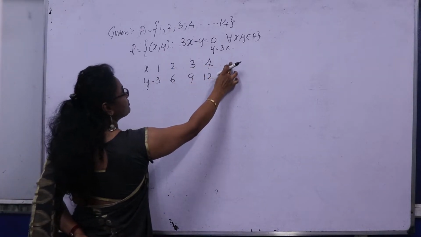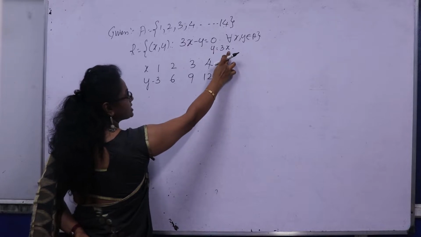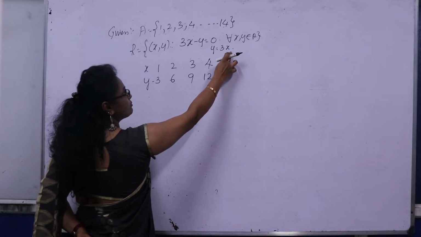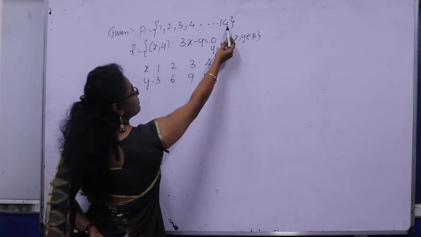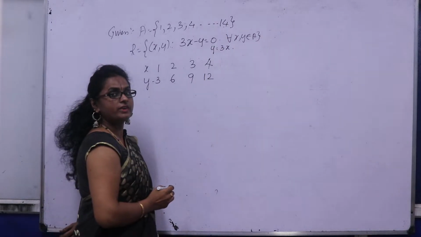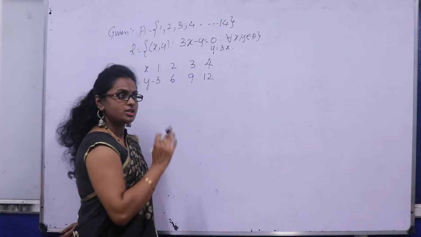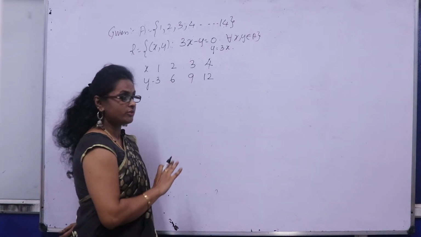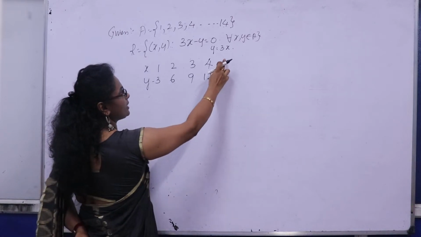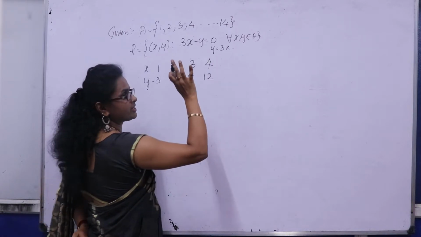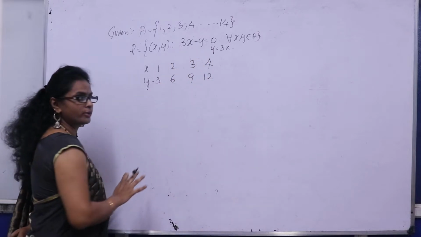Can we take 5 here? When x is 5, 5 threes are 15. But till where do we have the set? We have till 14, so 15 is beyond that. We are not given permission to cross that, so I will not take x is equal to 5. I will stop at x is equal to 4.